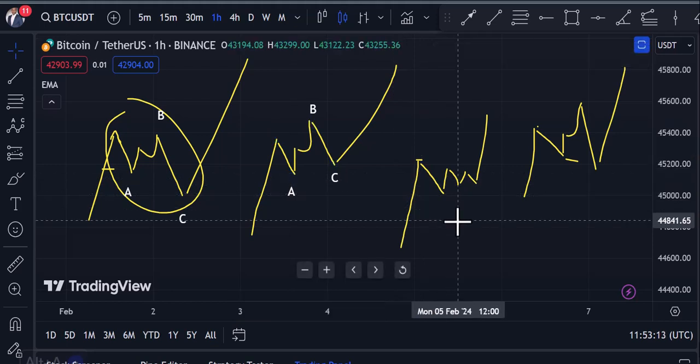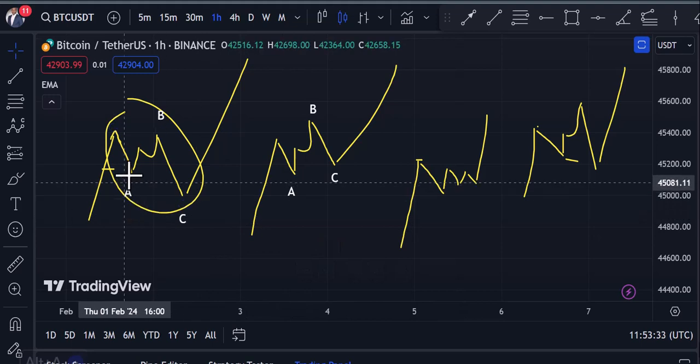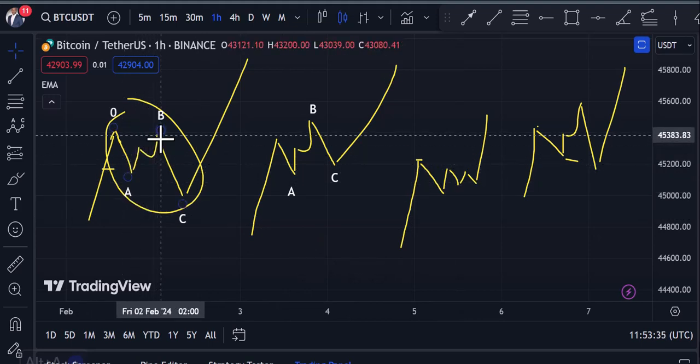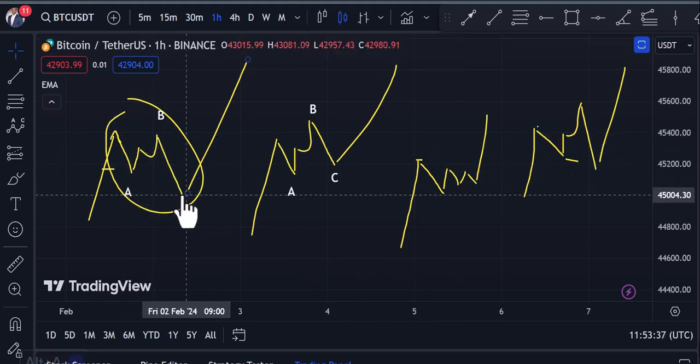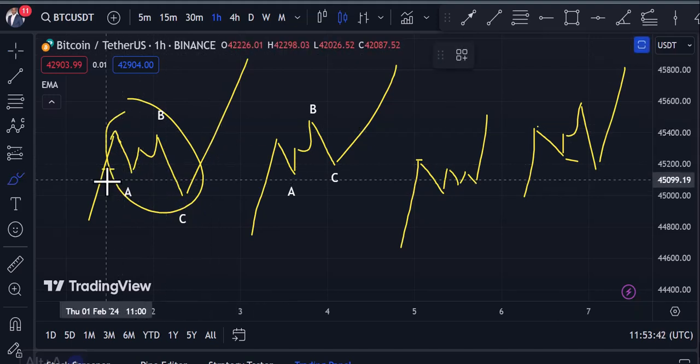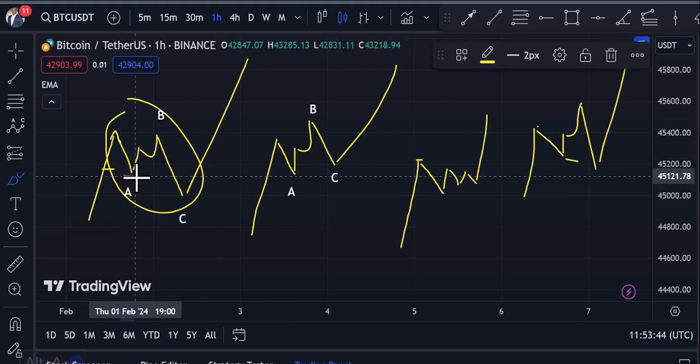Now there are a few levels, but the most important thing we pay attention to here is the structure. Because most times, when you're using a Fibonacci, it can give you a zone like 50% to 0.618. Either it ends at 50%, but the most important thing for it to be a regular flat is that the C wave must first of all break the ending of the A structure.